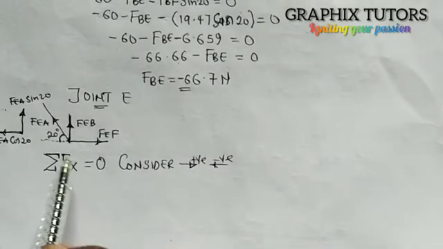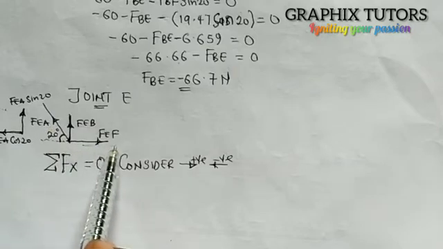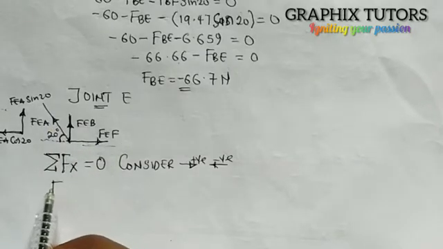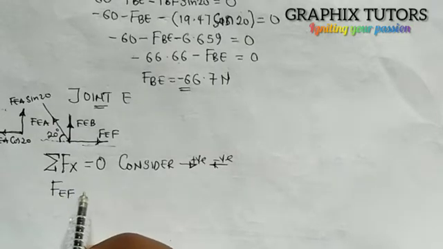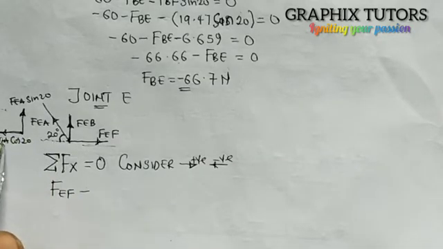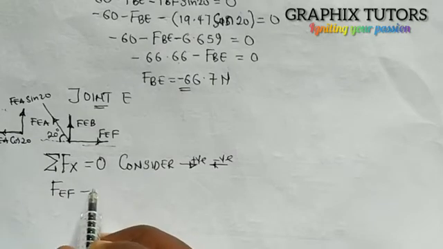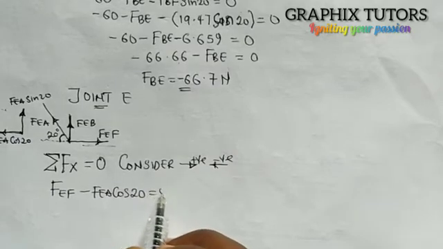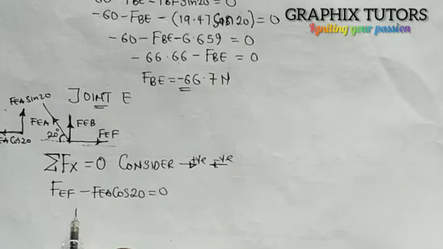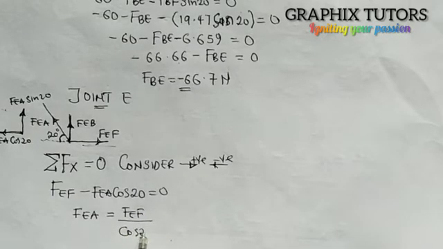When we do that, this is going towards the right, so we have FEF, right? Plus, or inside plus, look at this, it's going towards the left, and that will be minus FEA cos 20 equals to 0. So if I take it to this side, my FEA will now give me FEF all over cos 20.